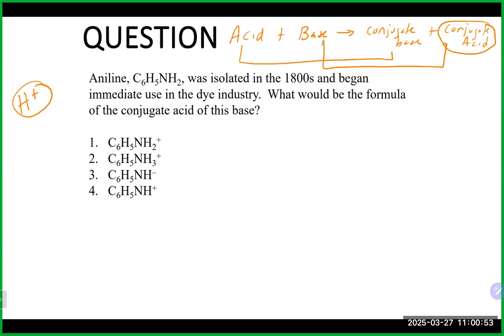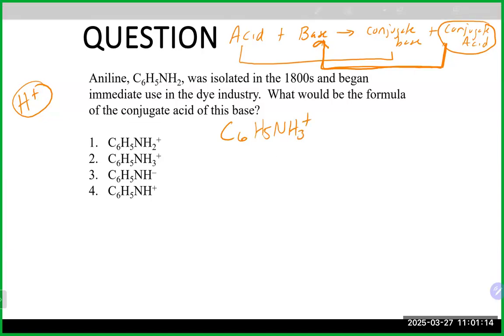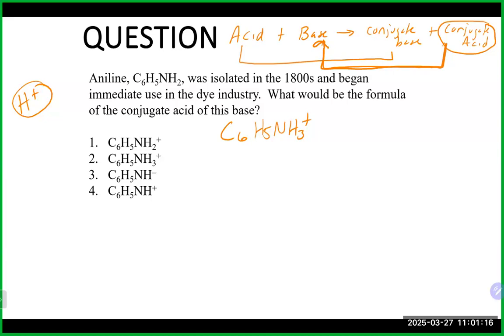If you are not sure what's going on, you could go backwards and go, what you are looking at is actually a base. And the definition of a Bronsted-Lowry base is it should accept the H plus. So that would tell you that you should put the H plus on, and you should end up with C6H5NH3 plus. Again, a reminder that the charge does change with it. That is plus one, I think, if I'm not mistaken. There would be our winner on that question.